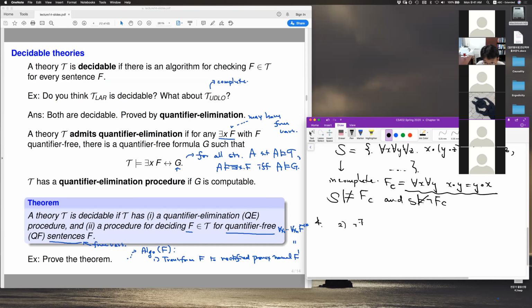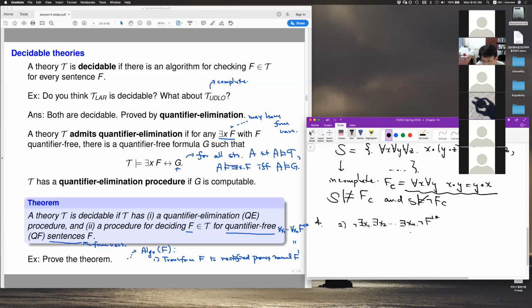So it's the same as there exists x1, negation, actually, x2 to xn, and negation of f prime star. So this is equivalent to this for all x1 to xn, f prime star.